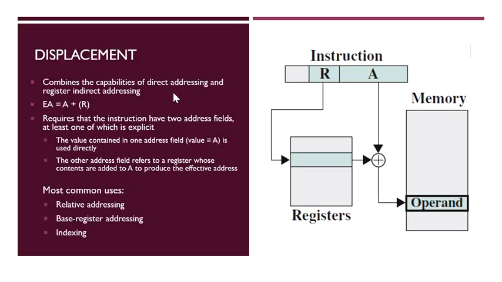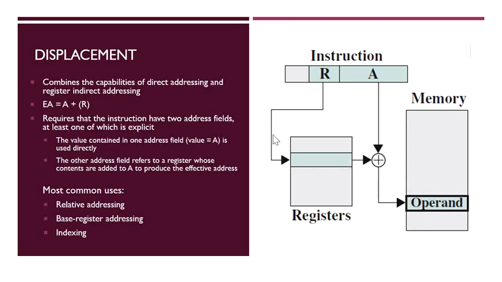The displacement addressing mode combines the capabilities of direct addressing and register indirect addressing. Remember how direct addressing works: the machine instruction contains the effective address of the memory pointing to the operand. In register indirect addressing, the address field contains the effective address of the register, which contains another address of the memory pointing to the operand.